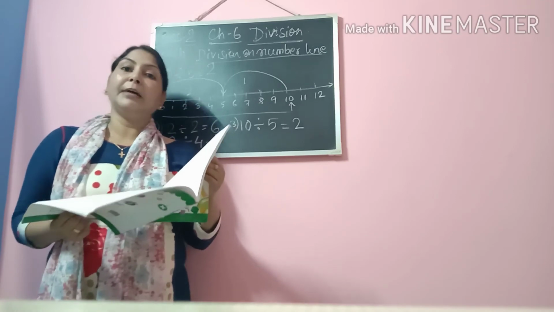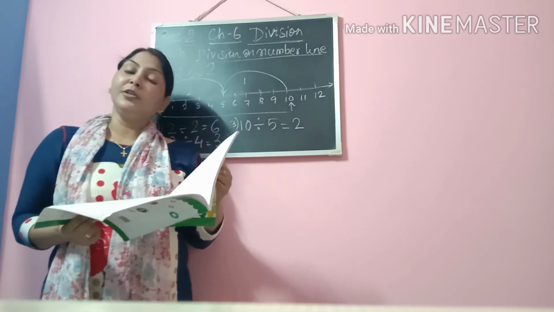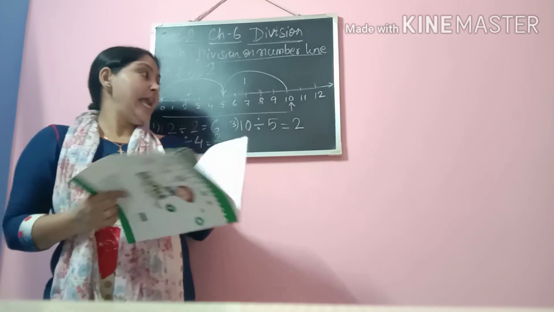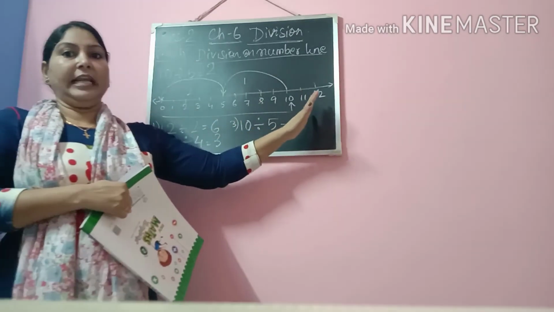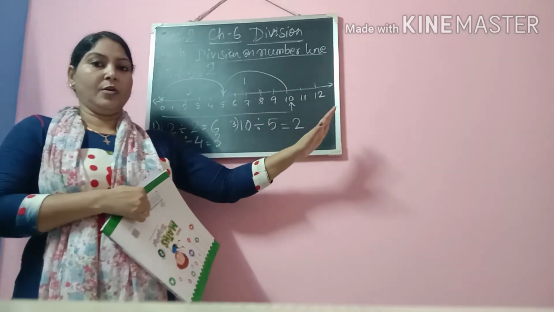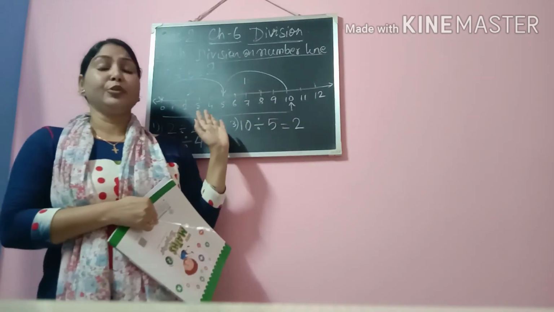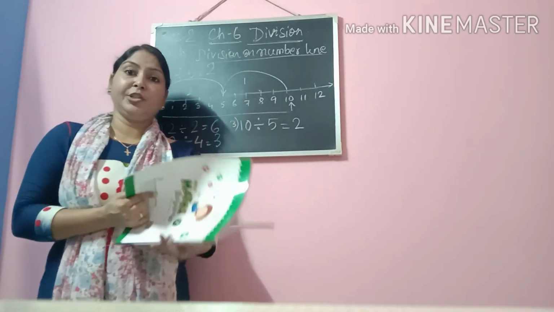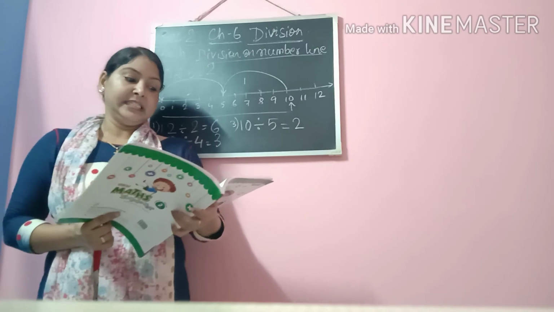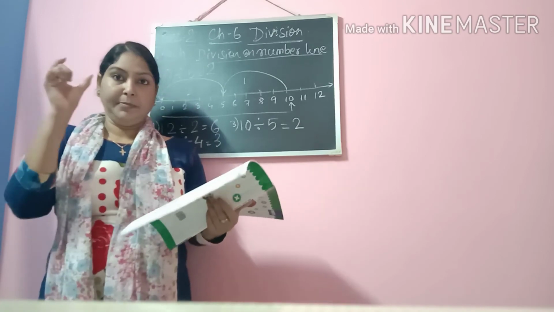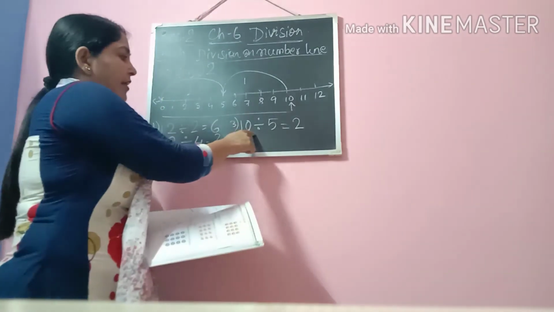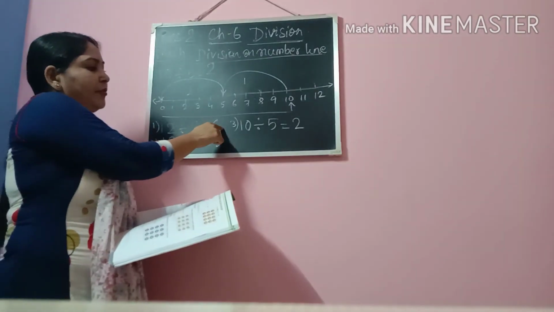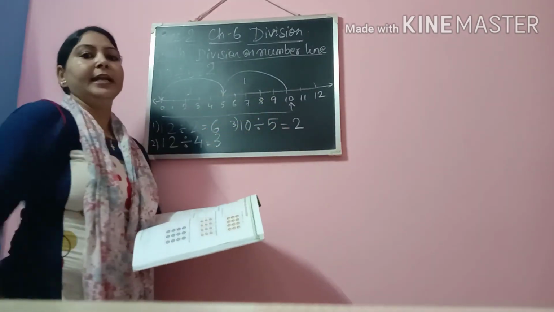You will draw the number line by yourself and you will show that division on the number line. As I have done here, like drawn number line, okay, and I have showed the division on number line. In the similar manner, I will be giving you questions. In this way, I will give you the questions and you have to find out the answers by number line.